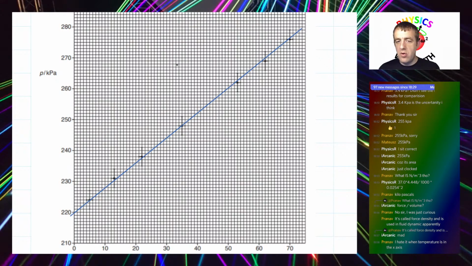In this case, it's more useful for temperature to be on the x-axis for a good reason. So anyway, you do your line of best fit. Then you calculate the gradient. You think, why do I need the gradient to the line of best fit? Because the line of best fit is in the form y equals mx plus c.